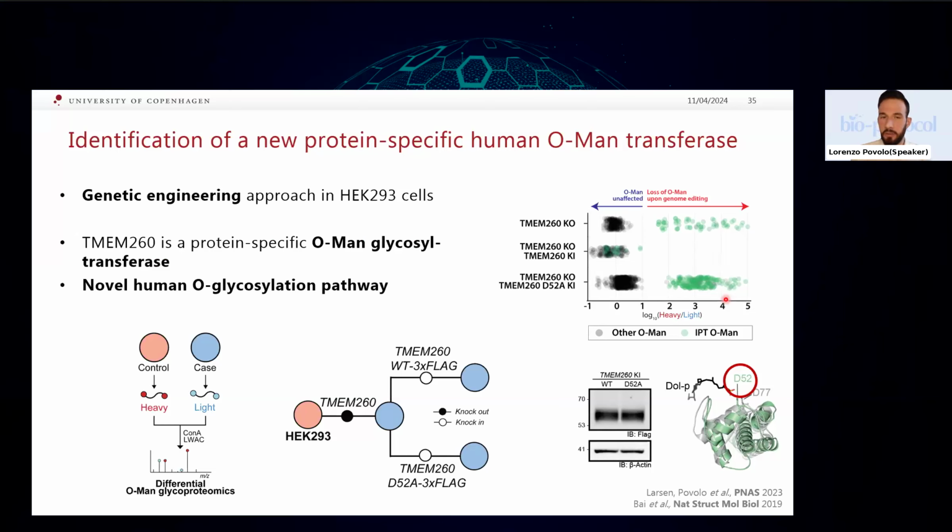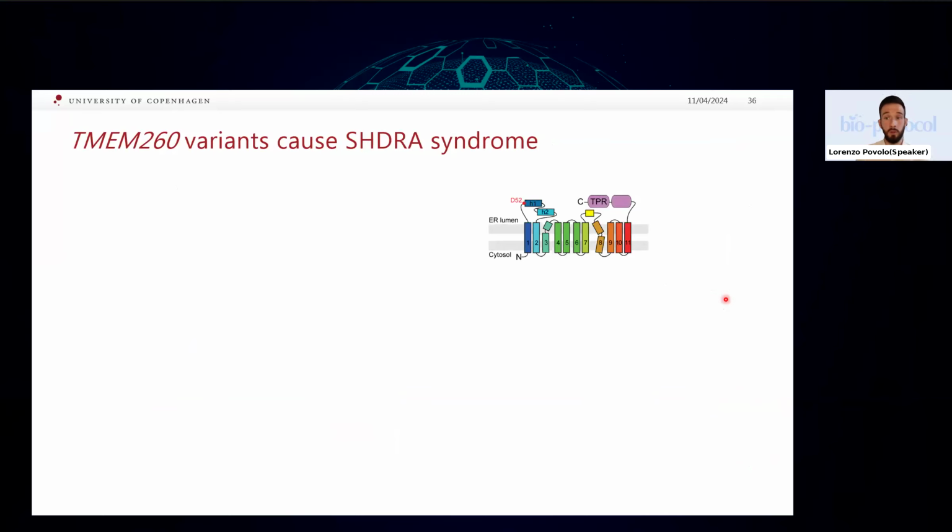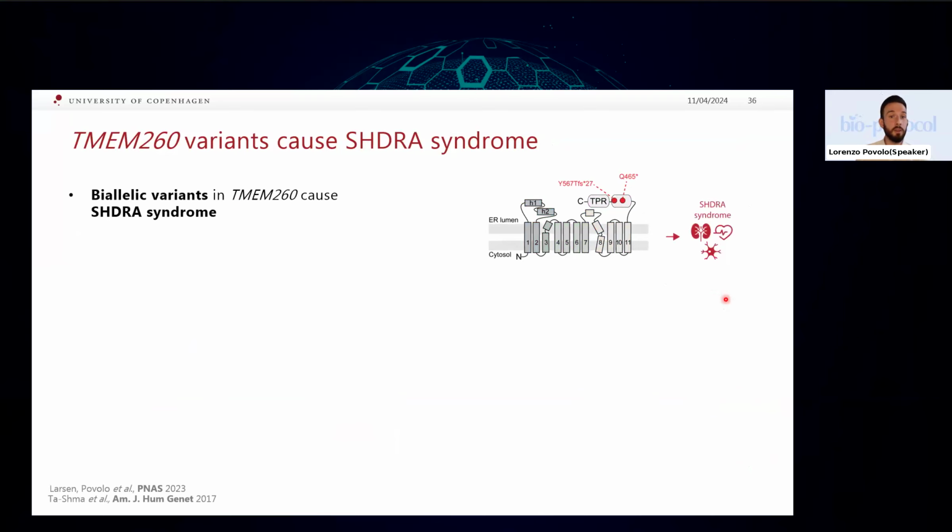So as a last point for this presentation, I would like to give you the relevance of this discovery and of glycoproteomics approaches. Indeed, not much was known on TMEM260 at the time of this discovery, other than the presence of biallelic variants of the TMEM260 gene that cause a rare disease called SHDRA syndrome, presenting with cardiac, renal, and central nervous system disorders in young patients.